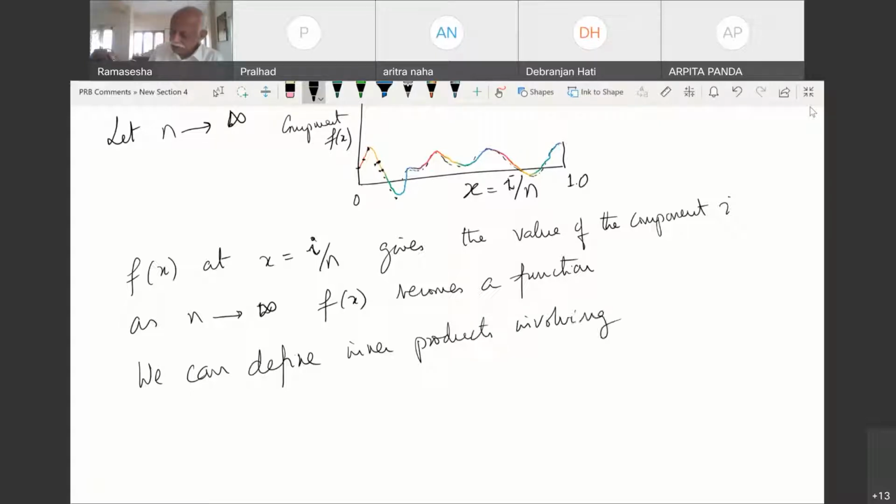Supposing I give you two functions, f(x) and g(x).